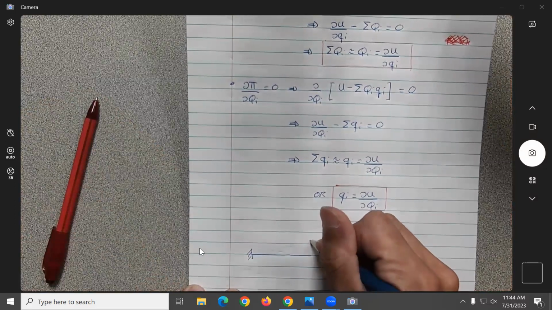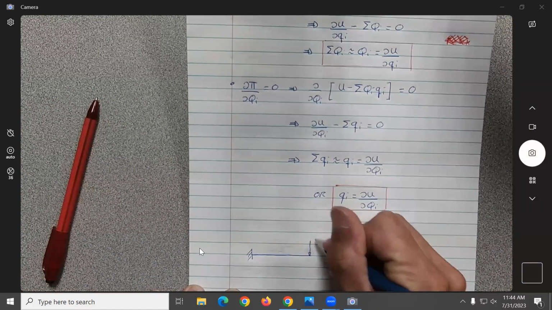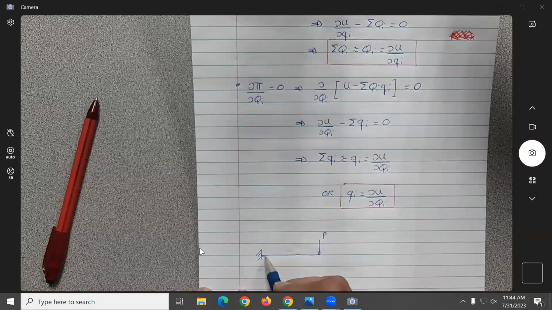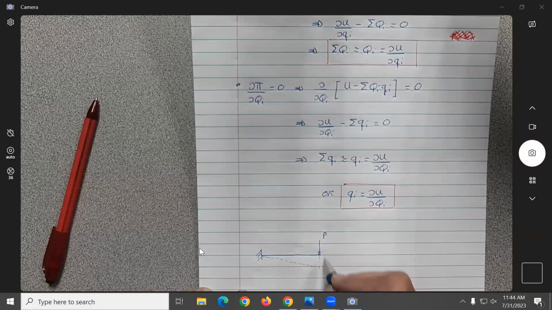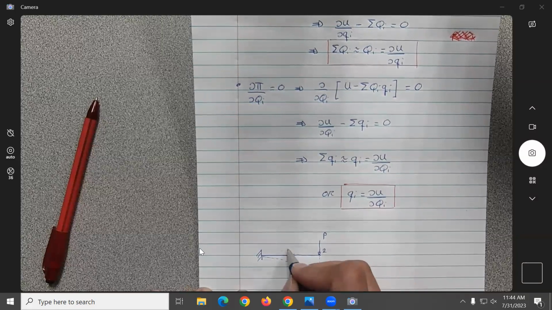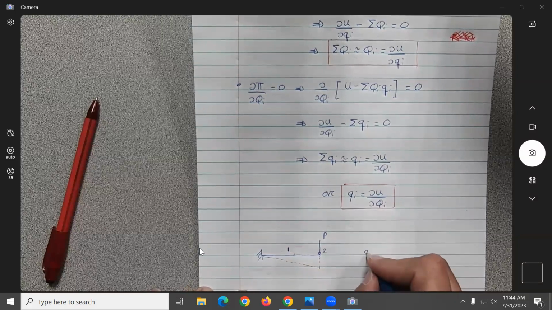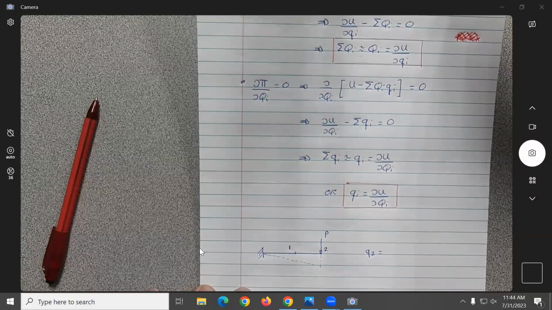And let's say you have a force P over here. Let's call this point 2 and this point 1. So according to this, the deformation at point 2 will be equal to what?